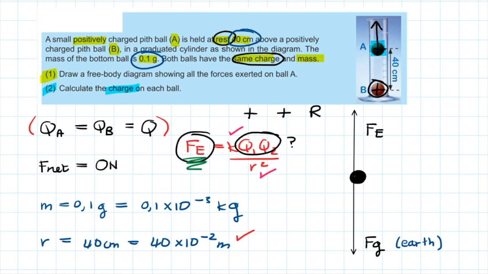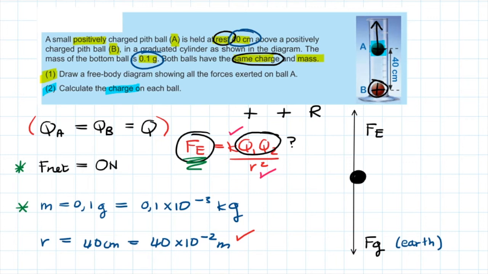The fact that they provided us with the mass of the two objects and told us that the objects are at rest is not by coincidence. They've done it because we can use this information to calculate Fe. We know that the object is at rest, which means the net force is 0.